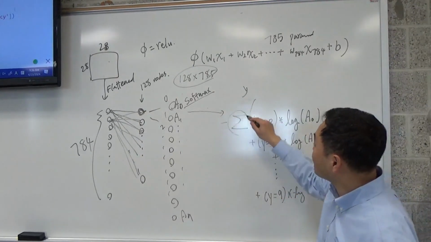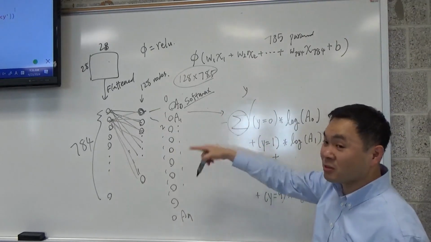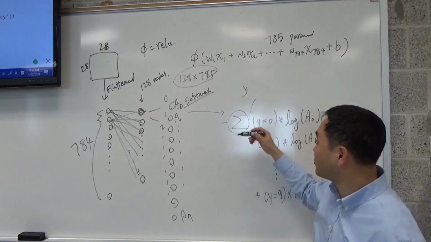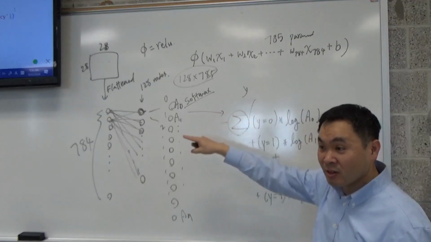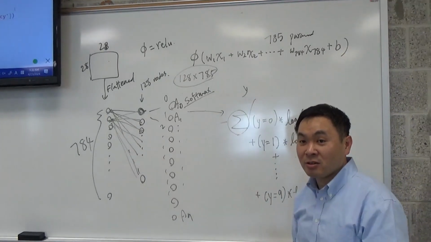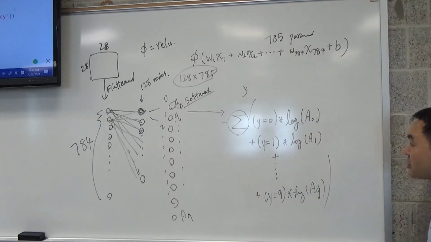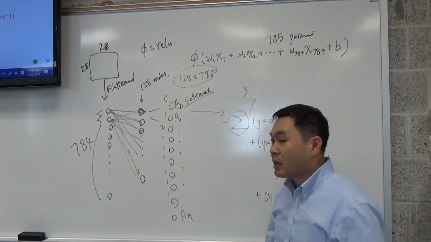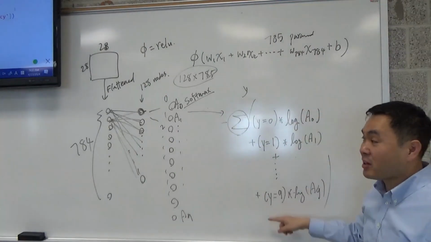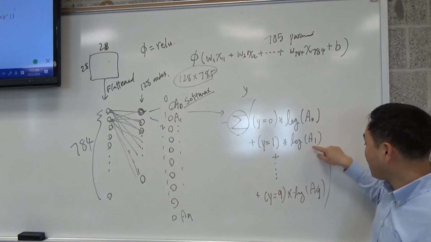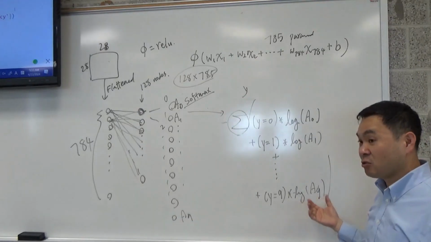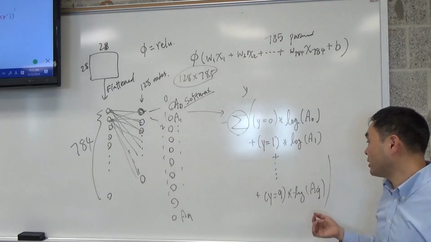And this summation is because you have to add everything within the batch. If your batch size is, say, 64, then you're adding 64 of these inputs, and that value has to be minimized somehow. Now, this categorical cross entropy only makes sense if these are probabilities, because it comes from probability theory.